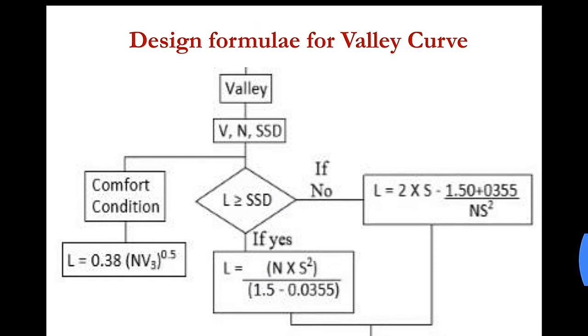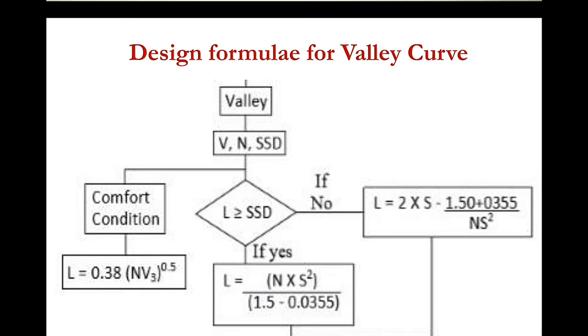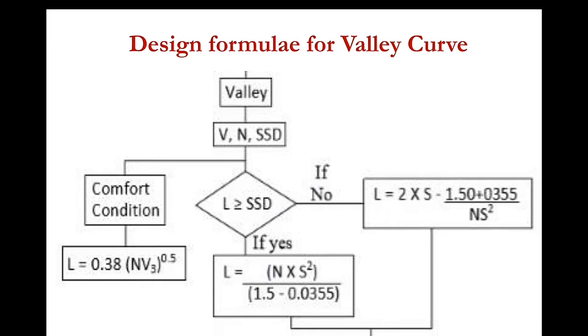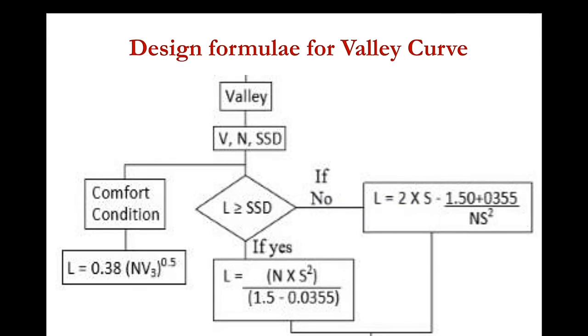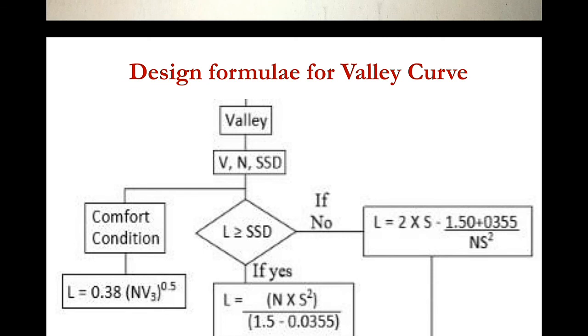Now if this condition does not satisfy, then we go to the second condition, that is L is lesser than SSD. In this condition the formula used is capital L equal to 2 into S minus 1.5 plus 0.035 divided by N square.